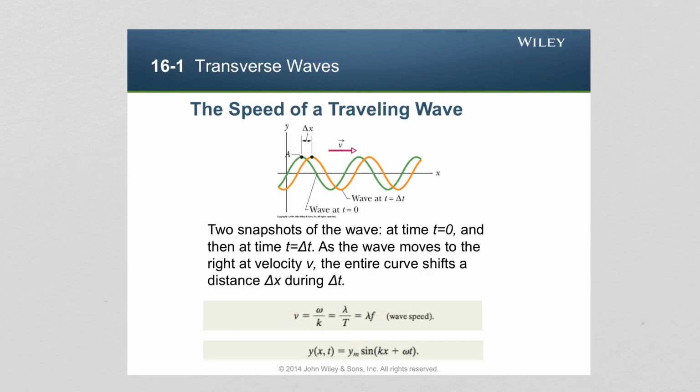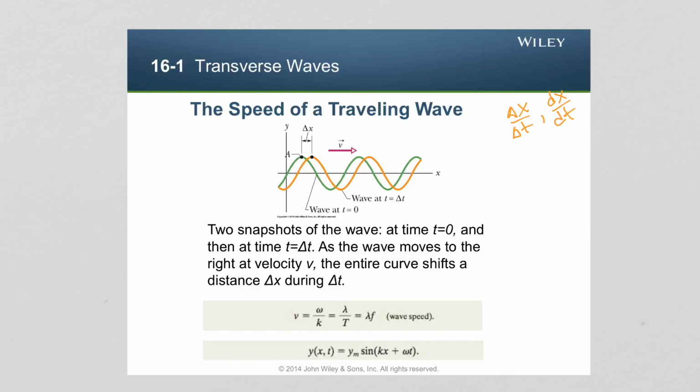After some time delta t, the waveform has shifted by distance delta x. So if I take the ratio of delta x to delta t, or in its limit version dx dt, I can find an expression for the speed with which the wave propagates down the medium, so the wave speed.